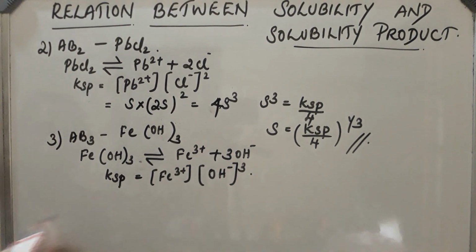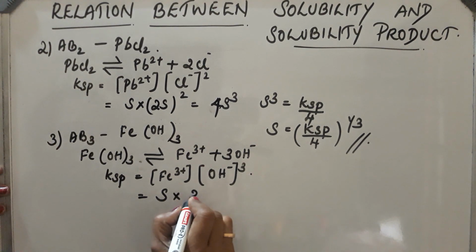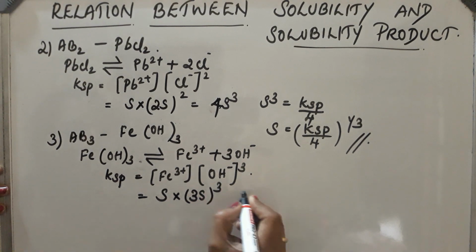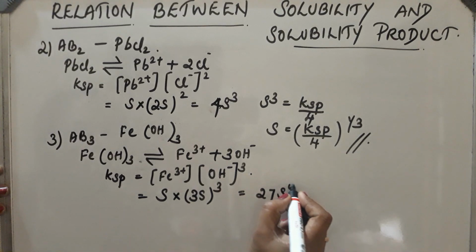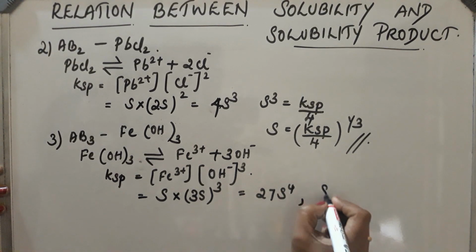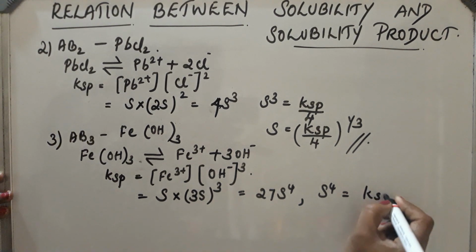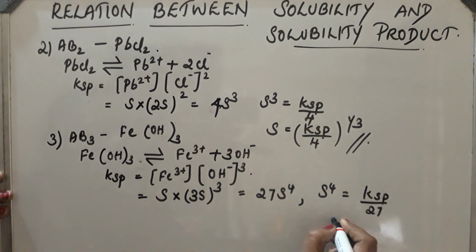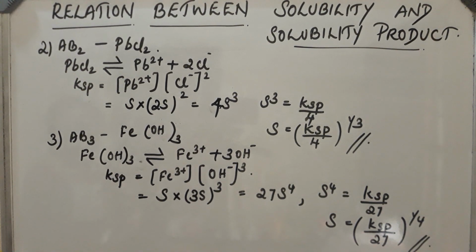Now this concentration is S. For each Fe3 plus there are 3 OH minus ions, so 3S whole cube. This is equal to 27S raised to 4. Or we can write S raised to 4 is equal to KSP by 27, and S is the 4th root of KSP by 27. This is another type of salt.